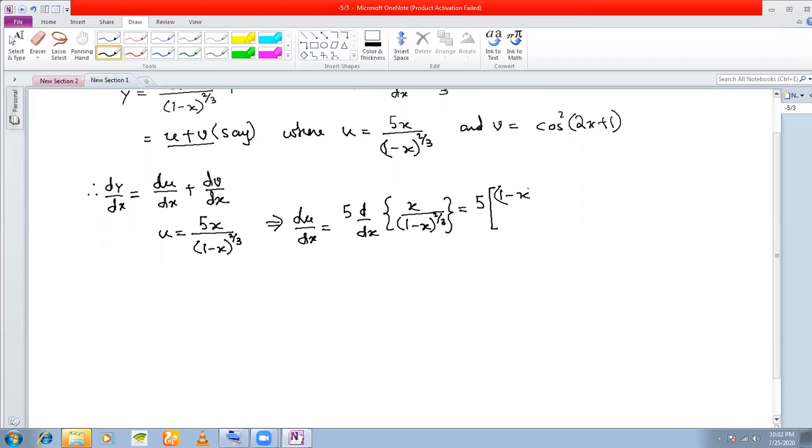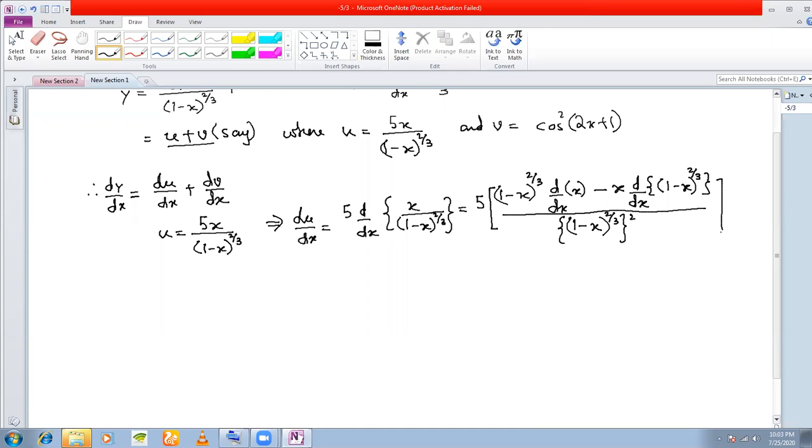v d/dx of u minus u d/dx of v, divided by v square, isn't it? 1 minus x to the power of 2/3 whole square, right?